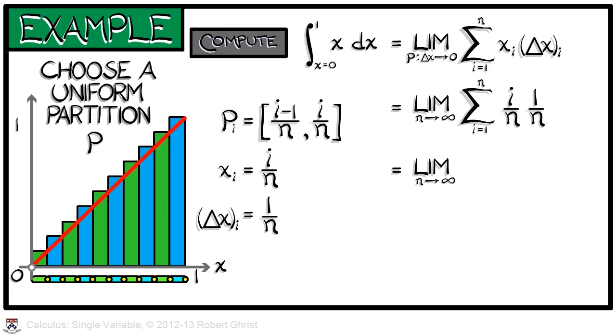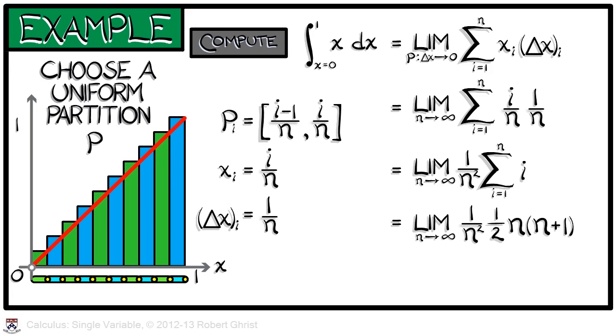Now, what's this limit going to look like? Well, we're summing over I, and n is a constant. Therefore, we can factor a 1 over n squared out of the sum, and we're left with the sum as I goes from 1 to n of I. And now comes the hard part. Fortunately, we've seen that sum before. What's the sum of I as I goes from 1 to n? Well, that's really 1/2 n times (n plus 1).